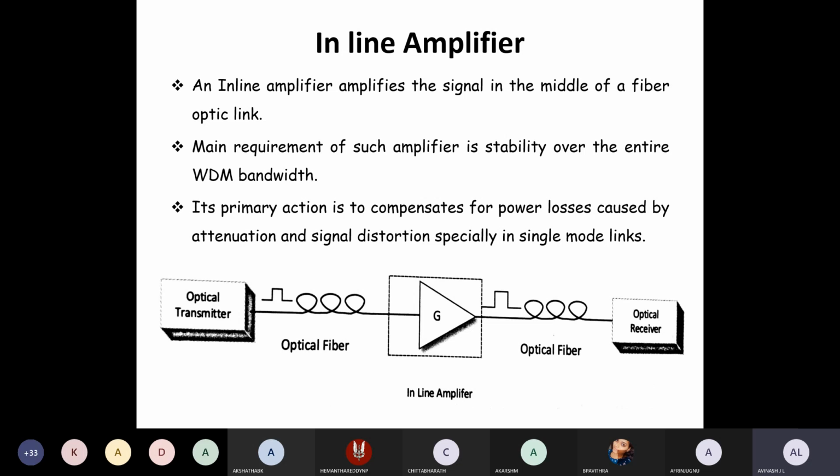If you see the explanation, an inline amplifier amplifies the signal in the middle of the fiber optic link. Here one of the major requirements for such an amplifier is stability over the entire WDM bandwidth.